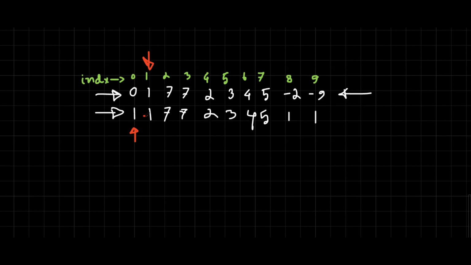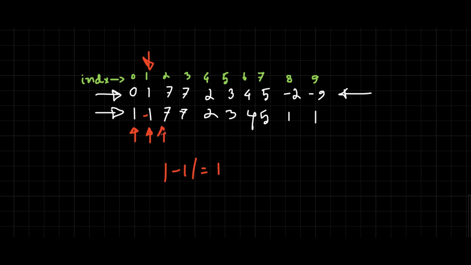So we will make it negative. Now we are at these positions. It has minus 1. So absolute value of minus 1 will be 1. So we have to replace the element which present in the 1 index with minus 1. So it is already negative here. So we don't have to do anything right now.